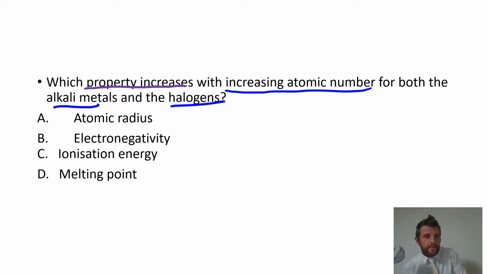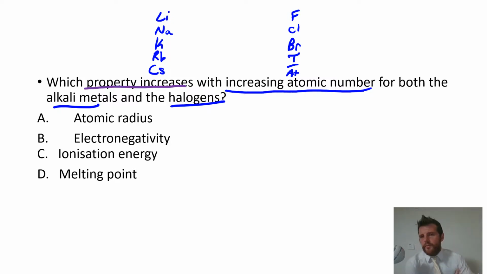My alkalis are lithium, sodium, potassium, rubidium, cesium, I think is the order. And then I have fluorine, chlorine, bromine, iodine, astatine. I might have one or two of these mixed up, but it really doesn't matter right now.